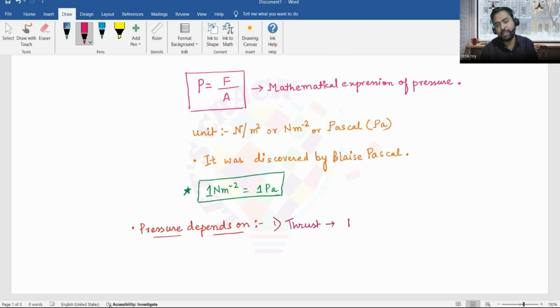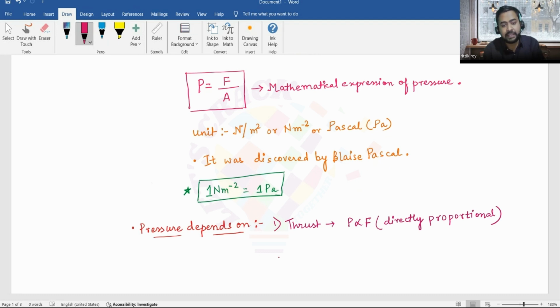So pressure is directly proportional to the force or the thrust acting on the surface. Directly proportional means if I increase the value of force, the value of pressure will increase, or vice versa.